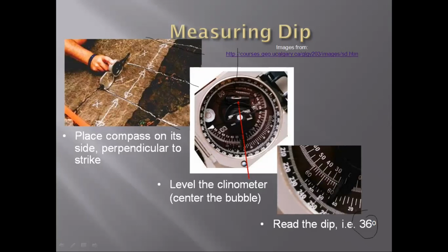When you move it from the back side, it will automatically move. This small scale that you can see here will automatically move in this direction and in this direction. Once your bubble is centered, that will give you the amount of dip that is present in that particular feature. That's how we measure the dip.